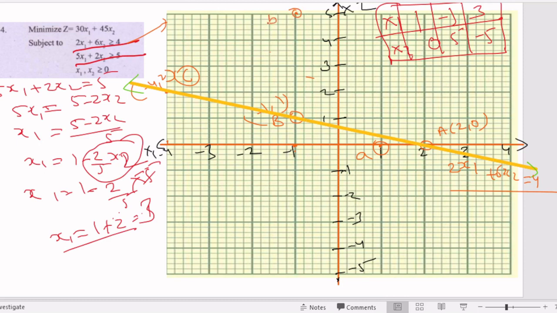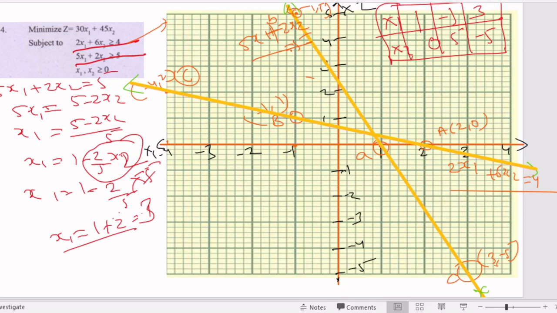The third one is (3, minus 5). Why is it positive 3? Here, minus 5 somewhere here. This is C, (3, minus 5). Now draw this line also using the scale. So I got the second line also. Now just half the thing is done. Let me name this line 5x1 plus 2x2 equal to 5.